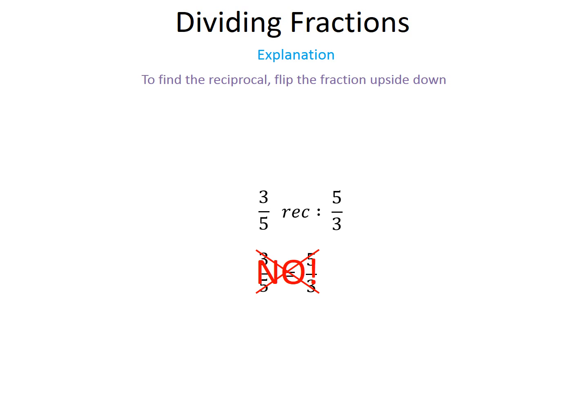That is wrong. Do not write that down. Do not put an equal sign between them because they are definitely not equal. The reciprocal does not equal the original fraction. And so if I had a question that just said find the reciprocal of 3/5, I write reciprocal or REC is 5 over 3. Just flip the fraction upside down.